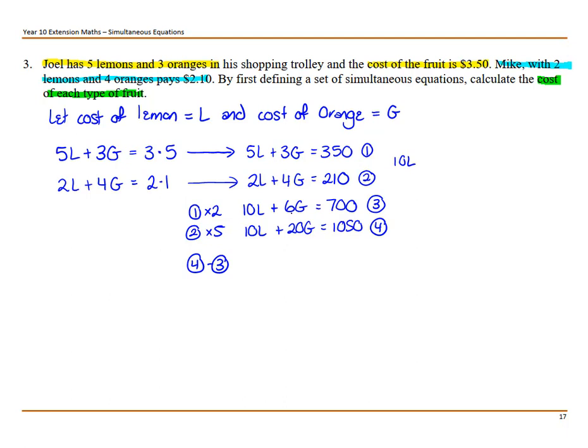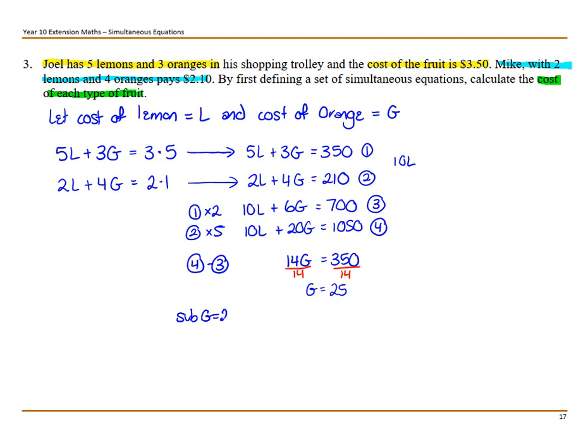So 20G minus 6G is 14G, and then 1050 minus 700 is 350. If you go 3 minus 4, it'll still work, you'll just end up with negatives. Divide both sides by 14, and G ends up being 25.